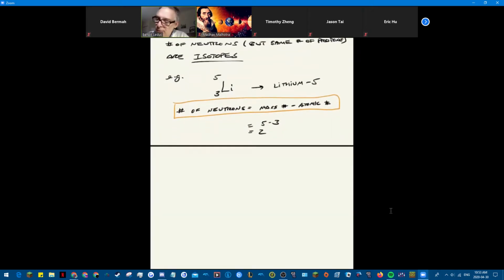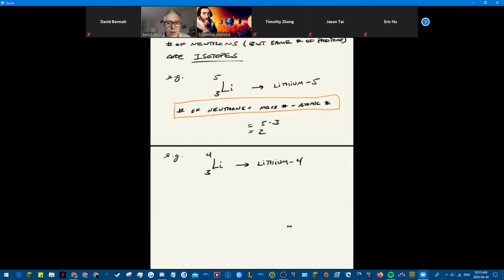Now another isotope of lithium might be this one. It has to be 3, right? This would be called lithium-4.